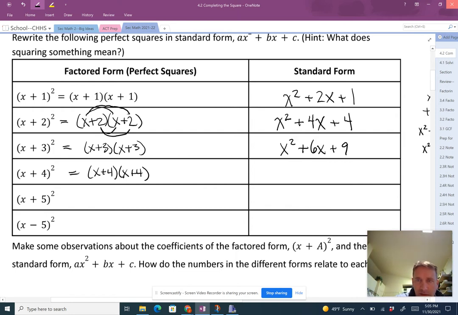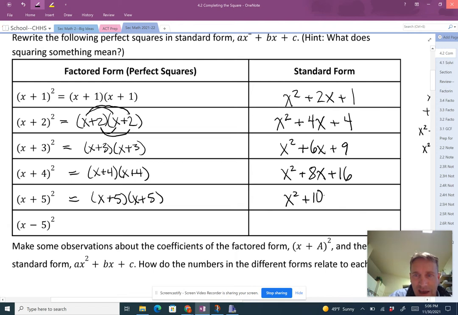And that would give us x squared plus 8x plus 16. And then we have x plus 5 times x plus 5. And that gives us x squared plus 10x plus 25.